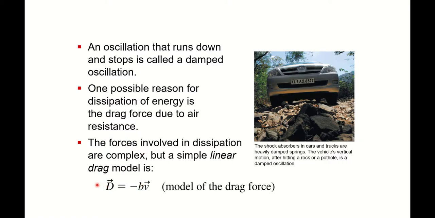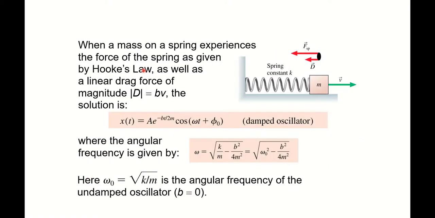If we include that in our Newton's second law, it changes a lot of things. Now, the math behind it is a little beyond the scope of this course, but if we have our mass on a spring that has the force of the spring pulling it back, but it also has that drag force opposite the direction of its velocity, we get a different solution for our position as a function of time.